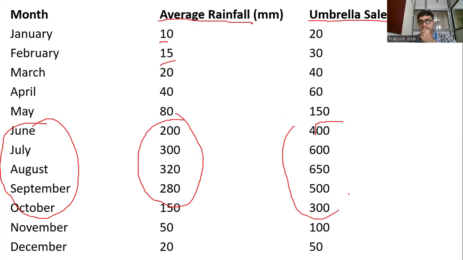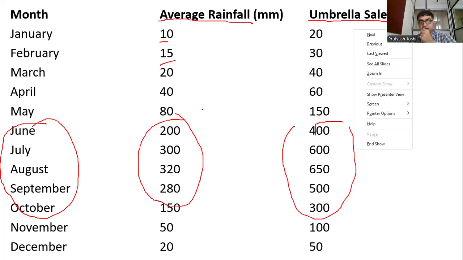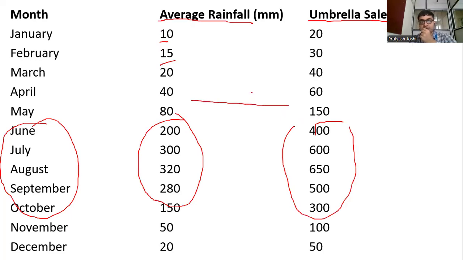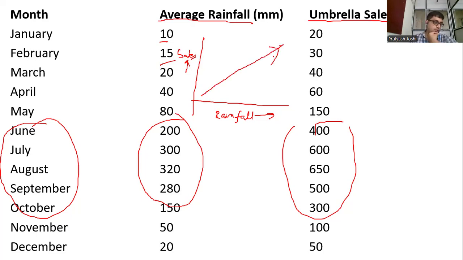So let's consider rainfall to be on the x-axis, on the horizontal axis, and sales of umbrella on y-axis. And you can see that as the rainfall increases, the sales will also increase. So again, there is a positive correlation.